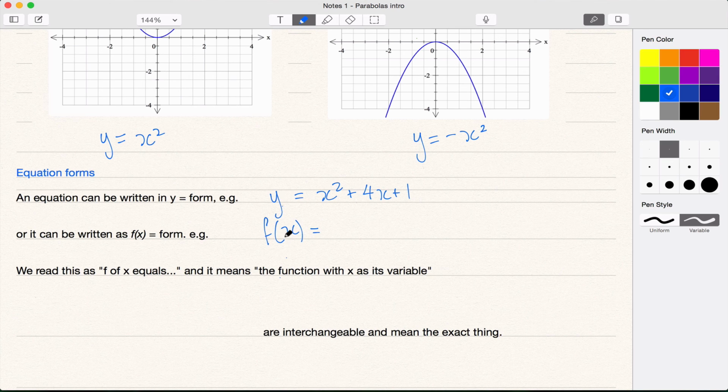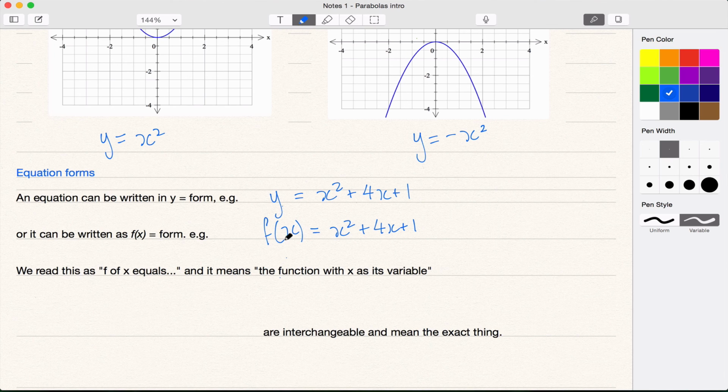Instead of y, I'm going to write f bracket x. When you read this new way of showing an equation, you say f of x. We tend to say it a bit fast like that, f of x. F of x equals x squared plus 4x plus 1.